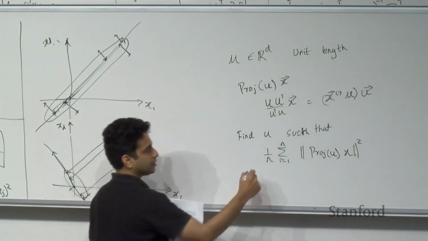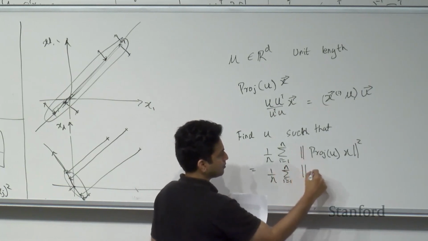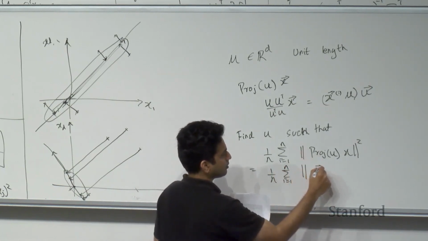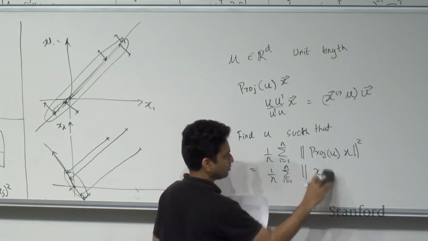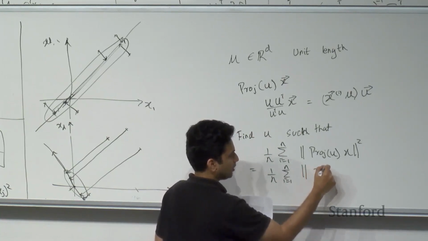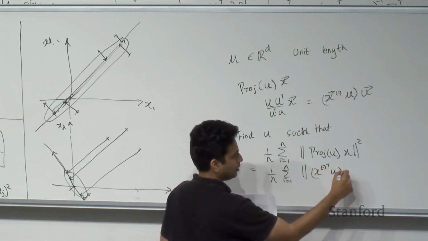This is the same as 1 over n sum over i of the norm of xi transpose u, a scalar times u.